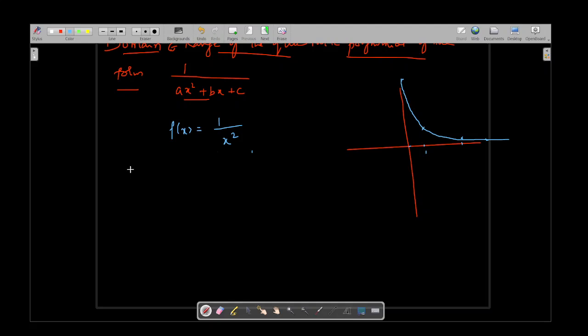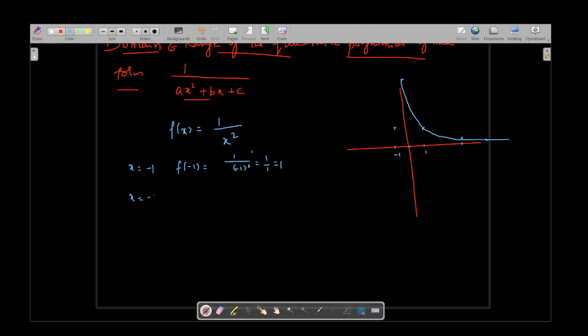Now let us take x is equal to minus 1. If you take x is equal to minus 1, you'll get f of minus 1 is equal to 1 by minus 1 square, which is 1 over 1. So at minus 1 it is 1.